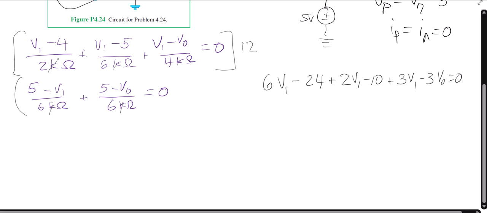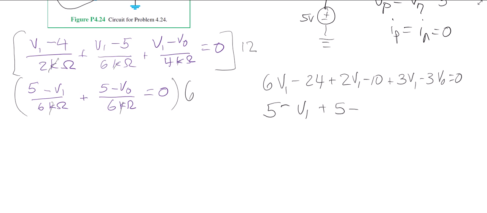And I'll multiply this bottom one by 6. So I get 5 minus V1 plus 5 minus Vo equals 0. So from the top one, I get 11V1 minus 3Vo equals 34.